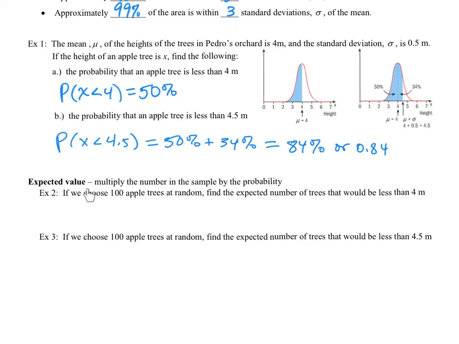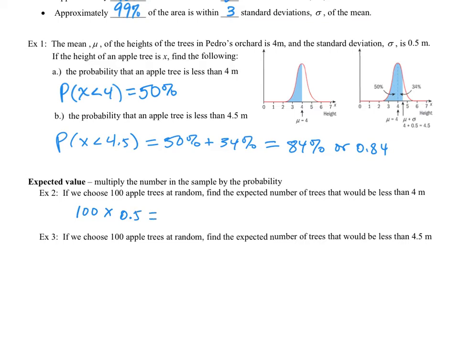An expected value is what we get when we multiply the number in the sample by the probability. So like in this example, if we choose 100 apple trees at random, find the expected number of trees that would be less than 4 meters. Well, remember we saw up here that the probability of a tree being less than 4 meters was 50%. So we just take the number of trees, which is 100, and we multiply it by that probability, 0.5.